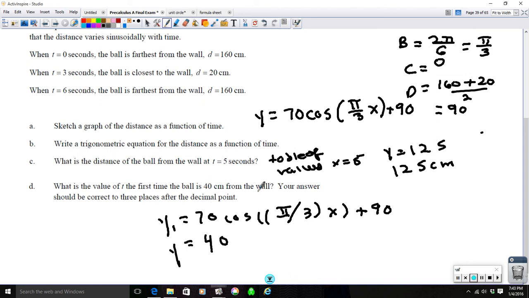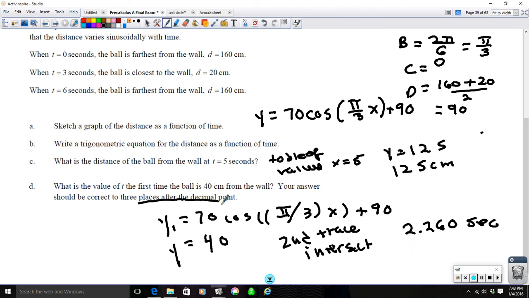So when you do that, you're going to go to second, trace, and intersect. You're going to get to the left of it, get to the right of it, press enter, hit guess, and it's 2.260 seconds. Please pay attention to the fact that it has to be correct to 3 decimal places, which means to the thousandths place.